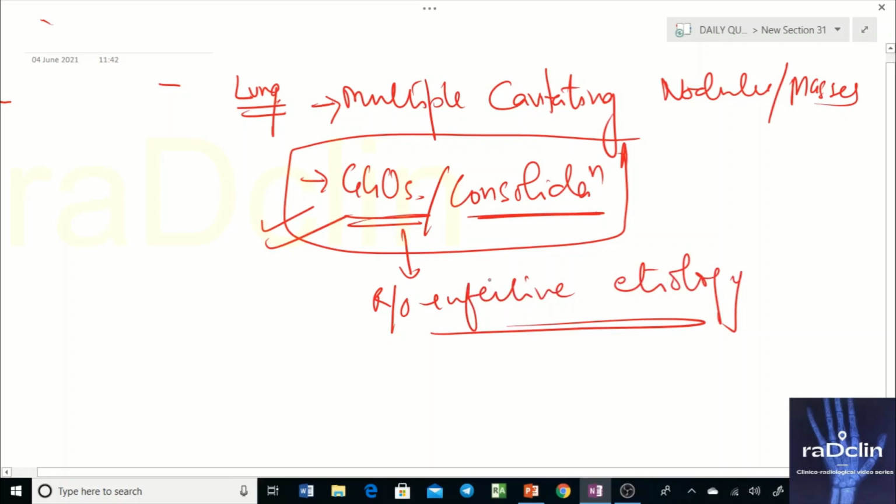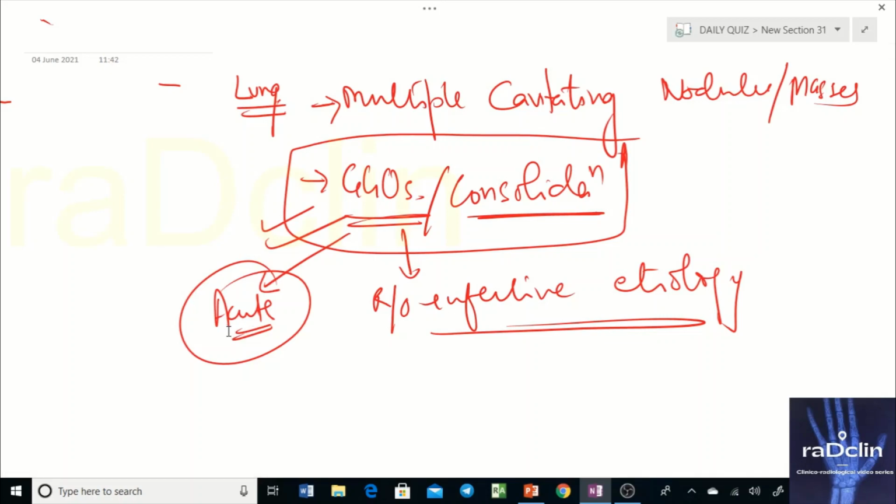Then, by ruling out one by one, you start to think of Wegener's. Because these are typically also associated with an acute history, they mimic infection. They are started on antibiotics first, and there is a poor antibiotic response, and that is when clinicians start to think of Wegener's as one etiology.